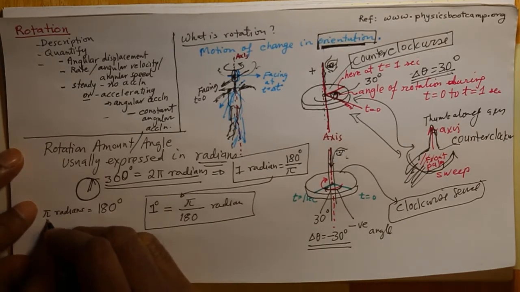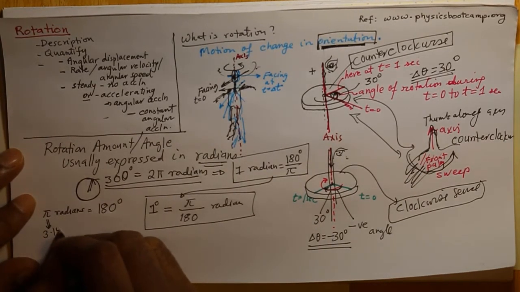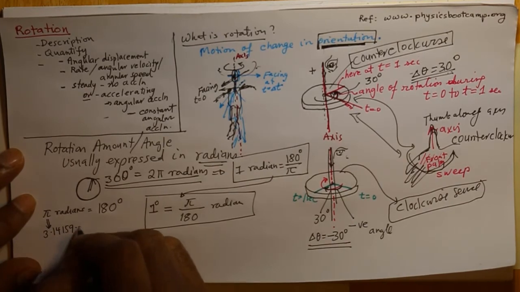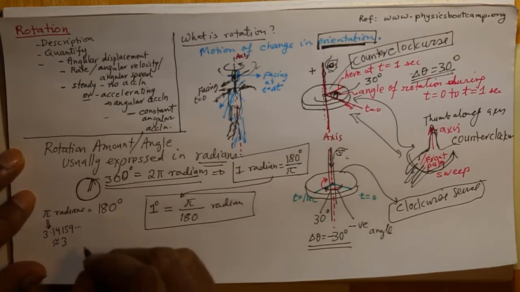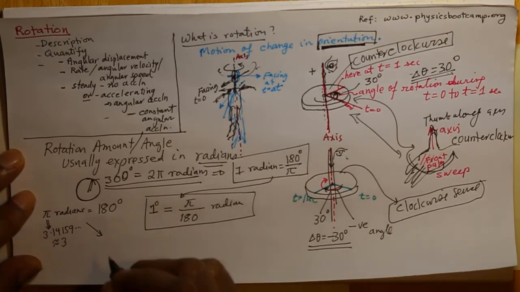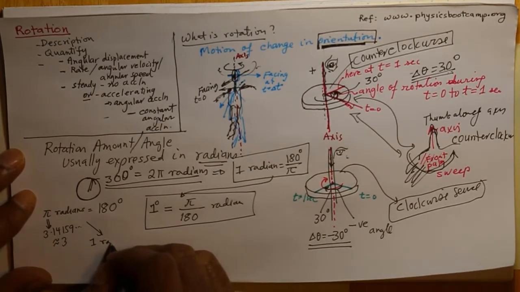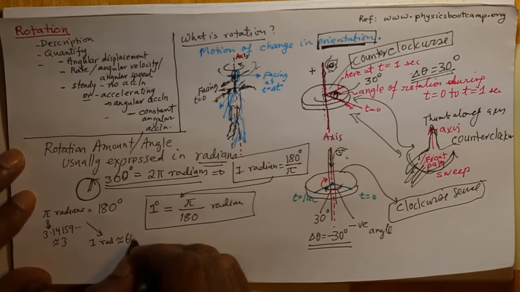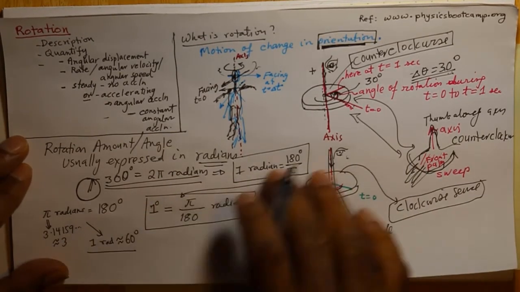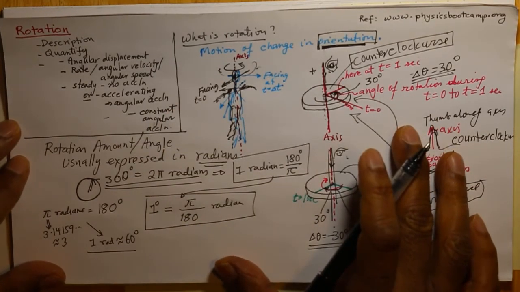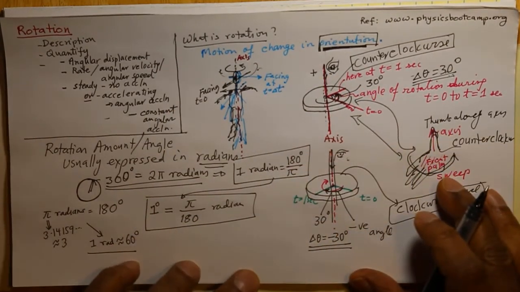Pi is 3.14159, etc. It goes on forever. And if you assume this is like a 3 or something, then you can see that approximately 1 radian is approximately 60 degrees. Okay, so this is how we quantify the amount of rotation and the direction of the rotation.